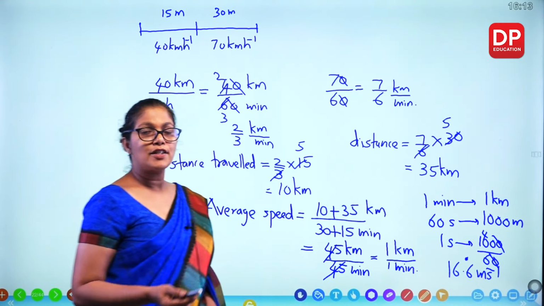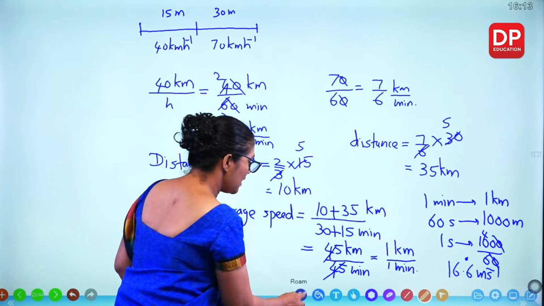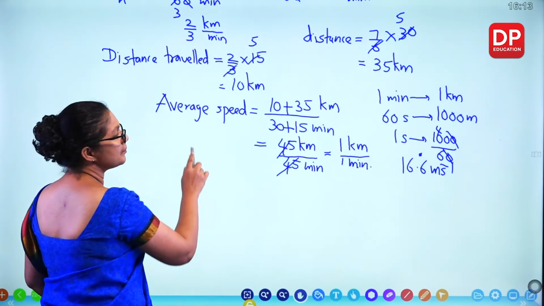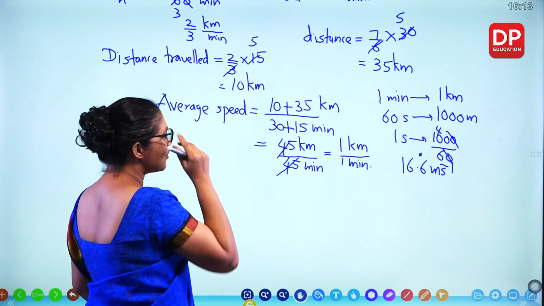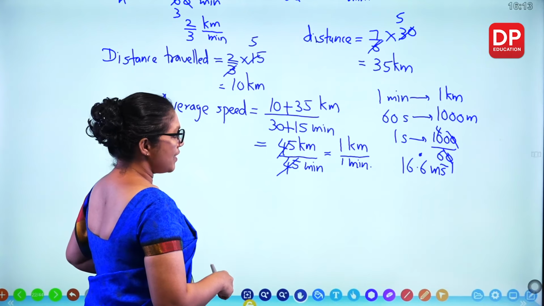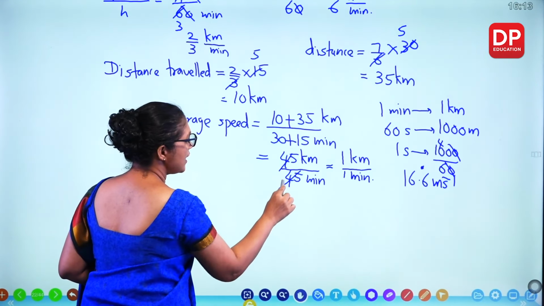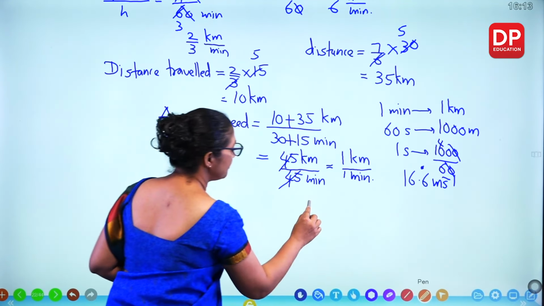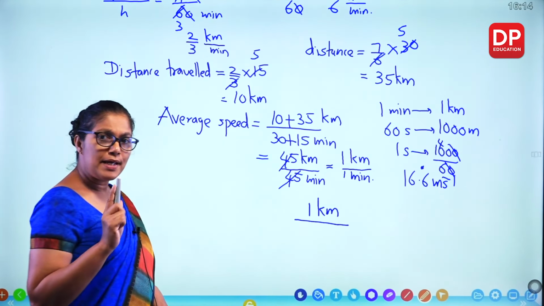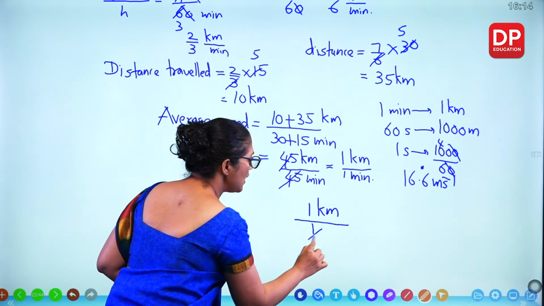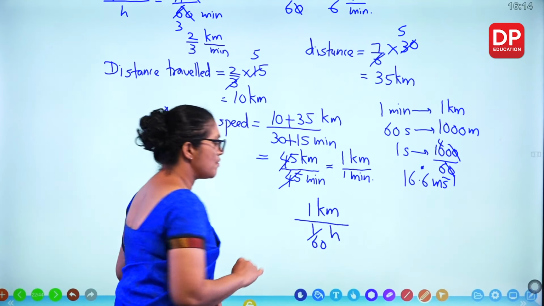Or you can convert to kilometers per hour. So we'll try the other way around. 1 kilometer, how many hours? 1 minute means 1/60 hours.